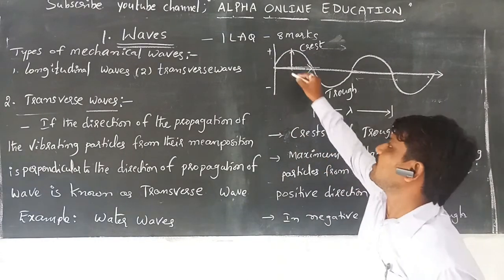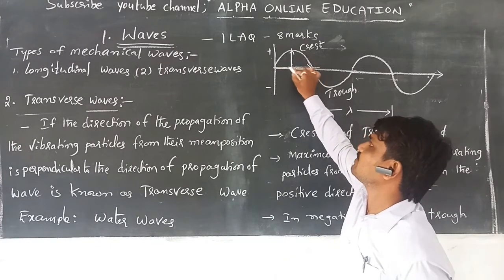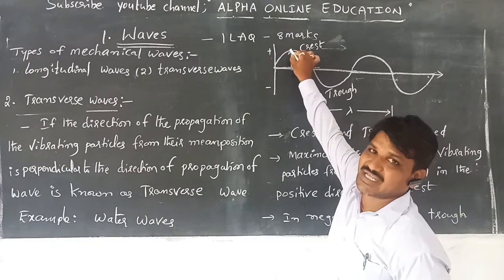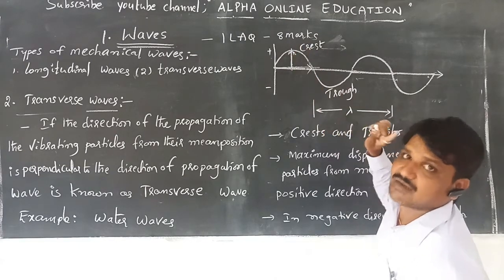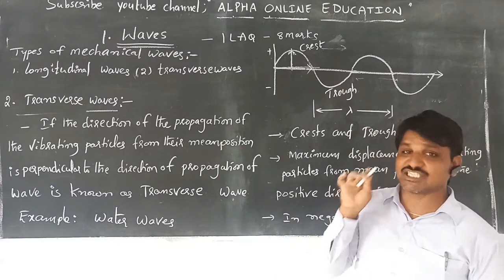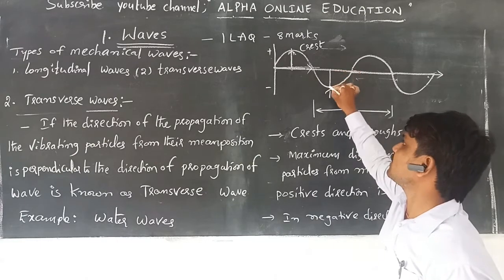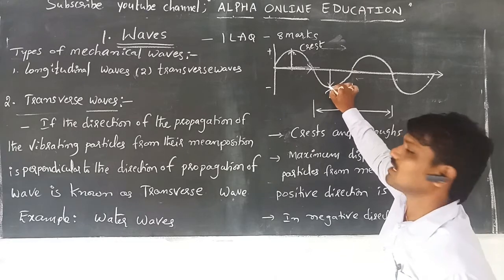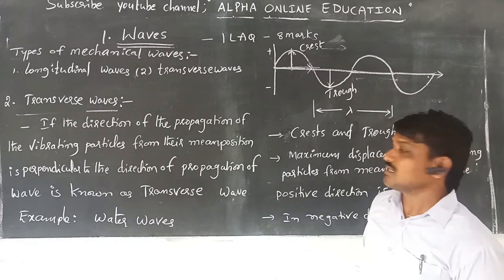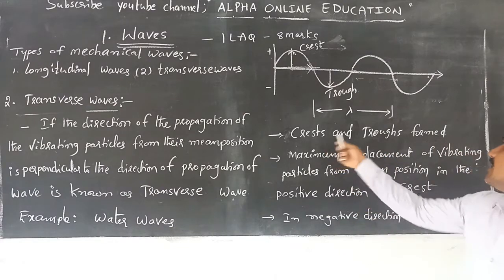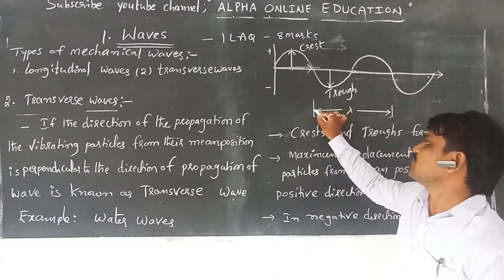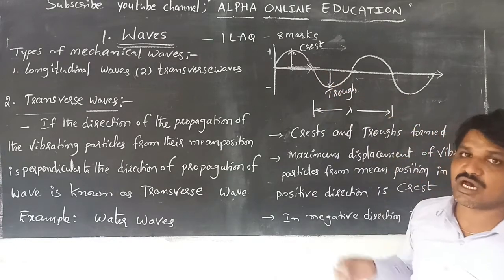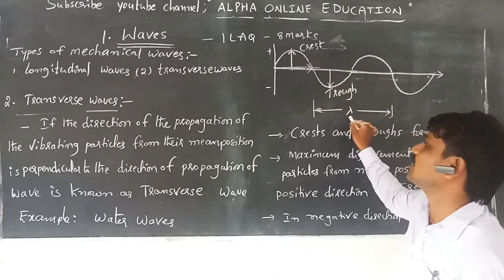If the particle moves in the positive direction, that is the crest. If the particles have maximum displacement from the mean position in the negative direction, that is called a trough. The distance between two successive crests or two successive troughs is called the wavelength.